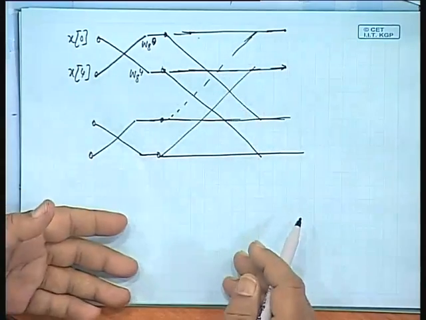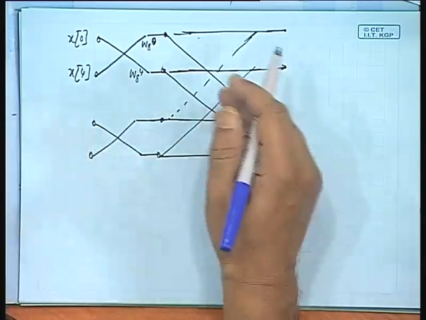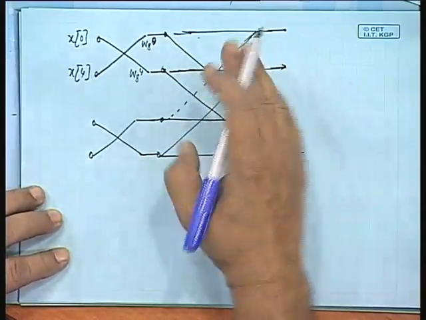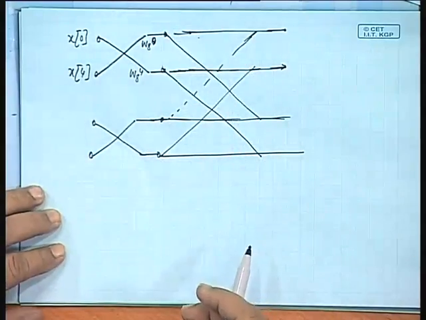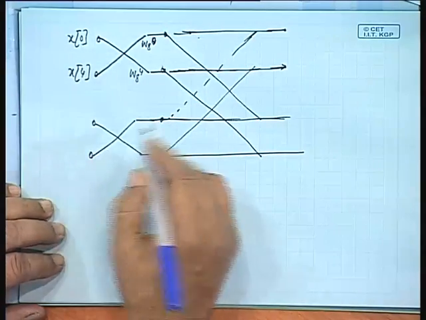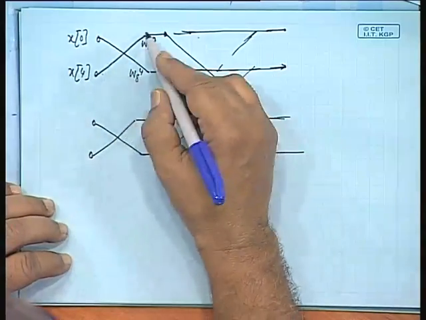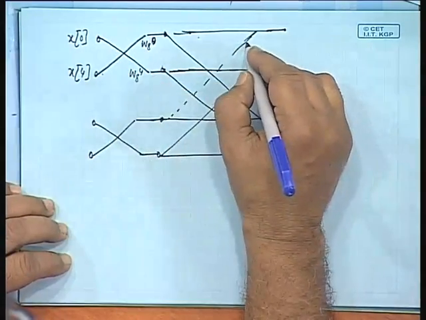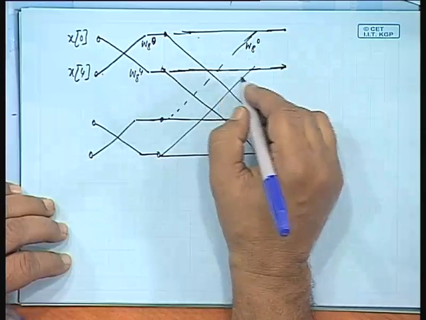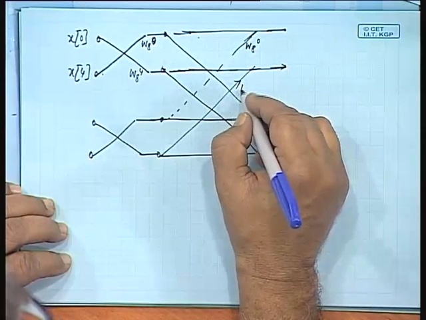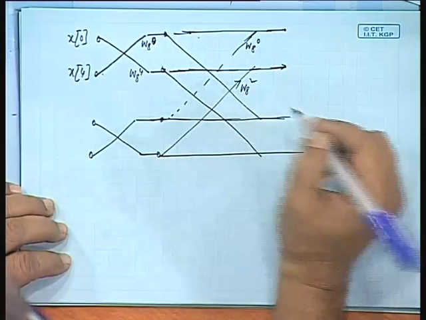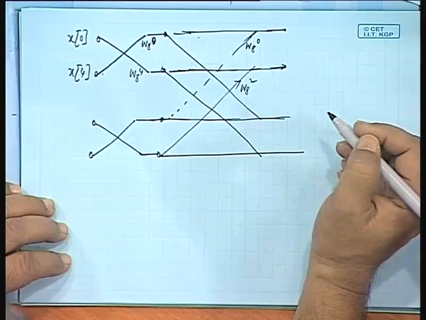Similarly, for the other group. Okay. So, this particular intermediate step I am skipping. So, previous to that, if we go down, then it will be W_8^0, W_8^4, here it will be W_8^0 and W_8^2. Okay.